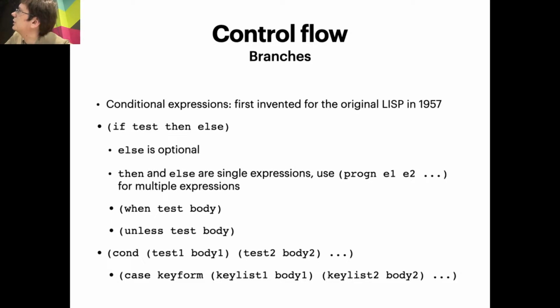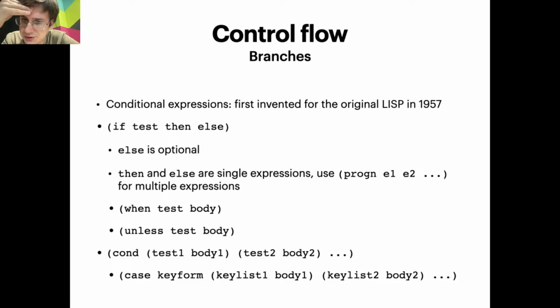And unless. Also the body does not get evaluated if the test is negative. So unless is the same thing, but with the negation of the test. If the test is negative, then it returns the body, or if the test is positive, then it returns nil. And then we have this cond form.